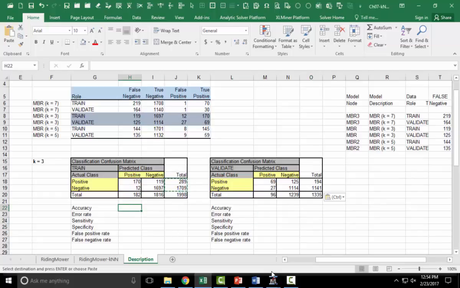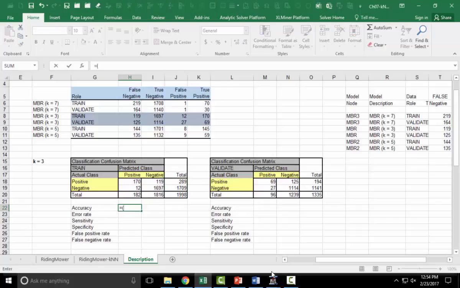Okay. Now what is accuracy? Accuracy is the total correctly classified observations. So true positive plus true negative divided by n. That will give us the accuracy rate, and 1 minus that would be your error rate.